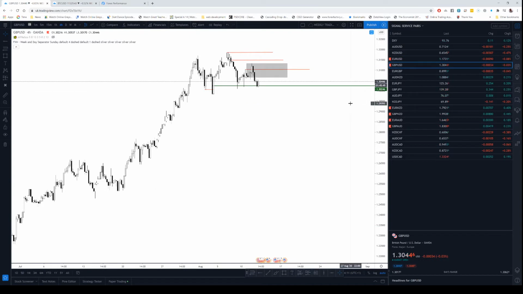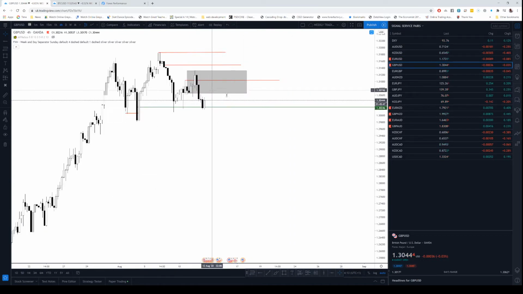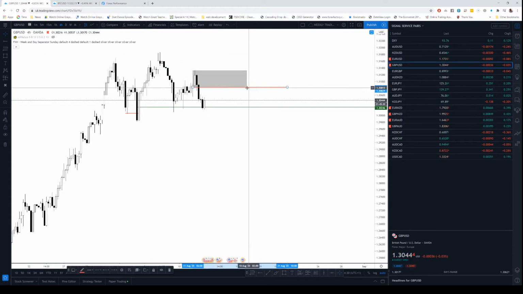Pound, same thing on this, but I didn't trade this one because euro pound was bearish. But if price gets back up here, I'll be interested in a sell.